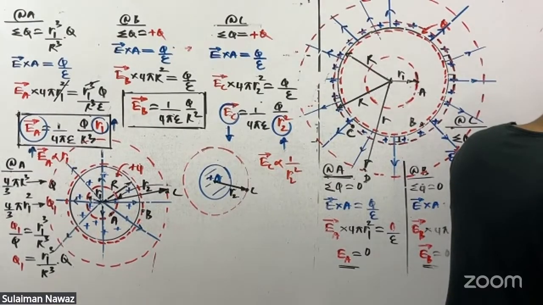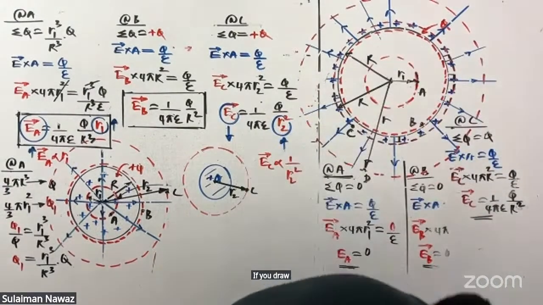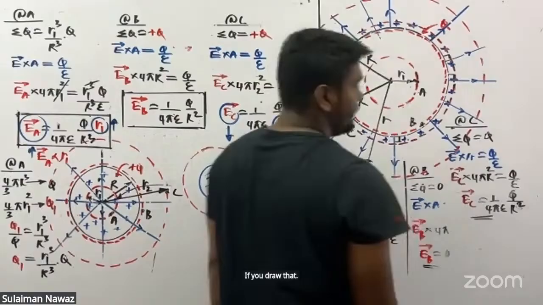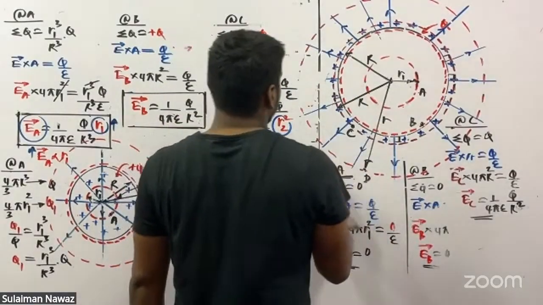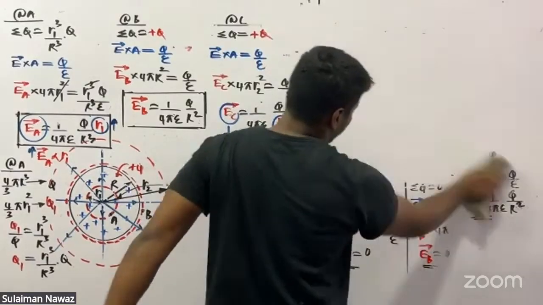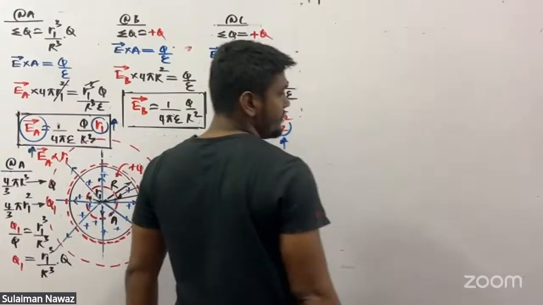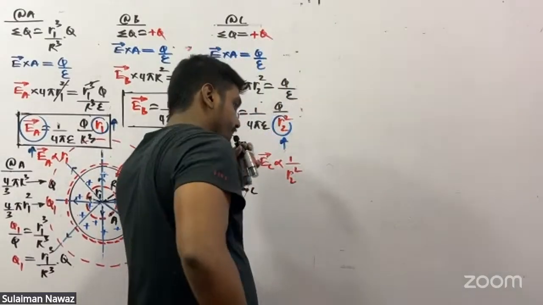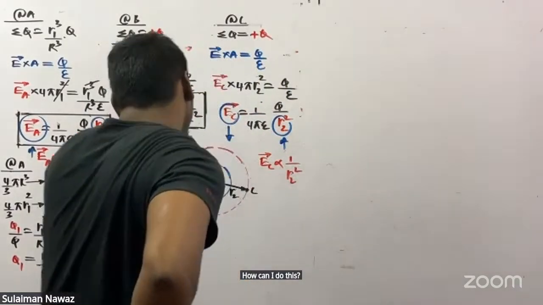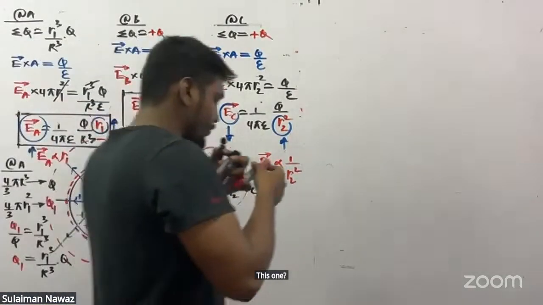If you draw that, how can I do this one? Now again, draw a sphere.